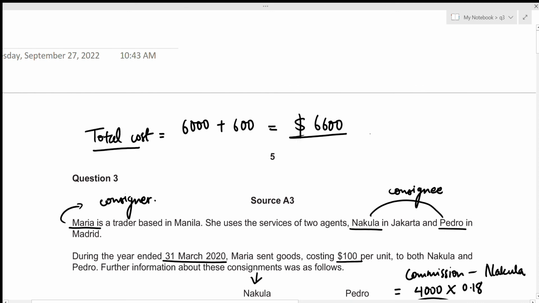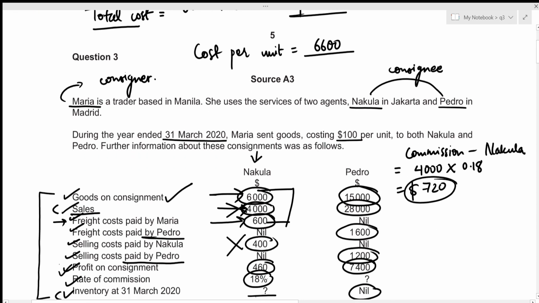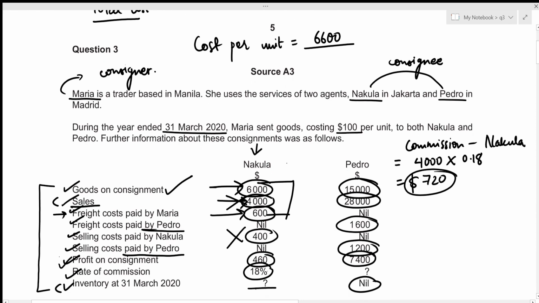Okay, and since this is the total cost, now in order to figure out the cost per unit, we just need to divide it with our total number of units. We are not given exactly the number of units, but we are given the information stating that each unit costed 100, right?